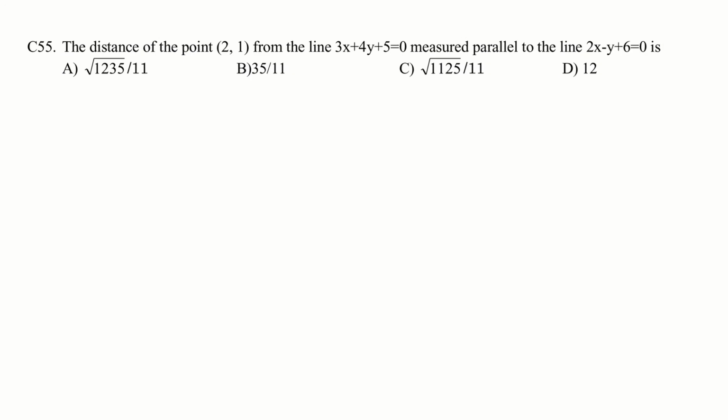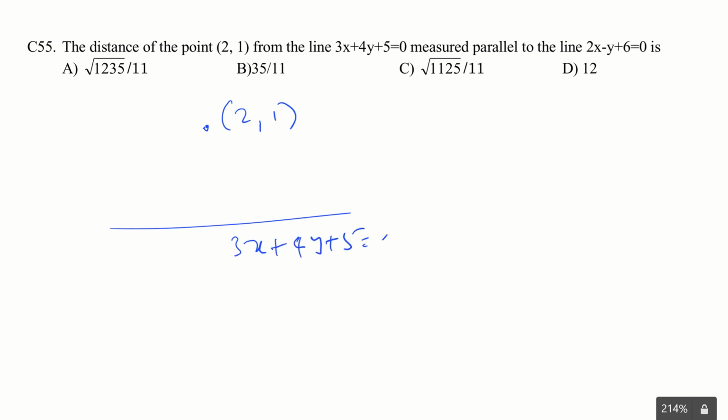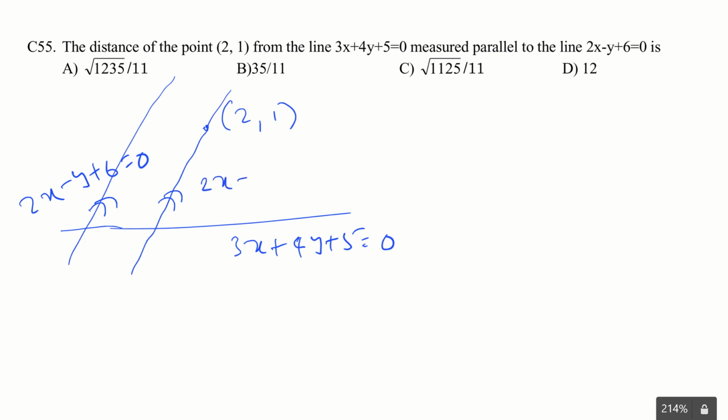Now in this problem, we want distance of the point 2 comma 1 from the line 3x plus 4y plus 5 is equal to 0 measured parallel to the line 2x minus y plus 6 is equal to 0. So basically we consider this line parallel to this. Therefore this line is nothing but 2x minus y is equal to 4 minus 1, 3.